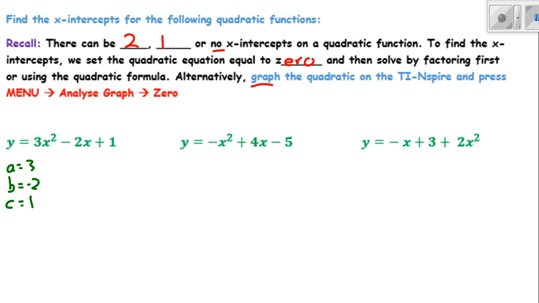Remember the quadratic formula: x equals -b plus or minus the square root of b squared minus 4ac, over 2a. That's in your formula booklet, don't just guess that.